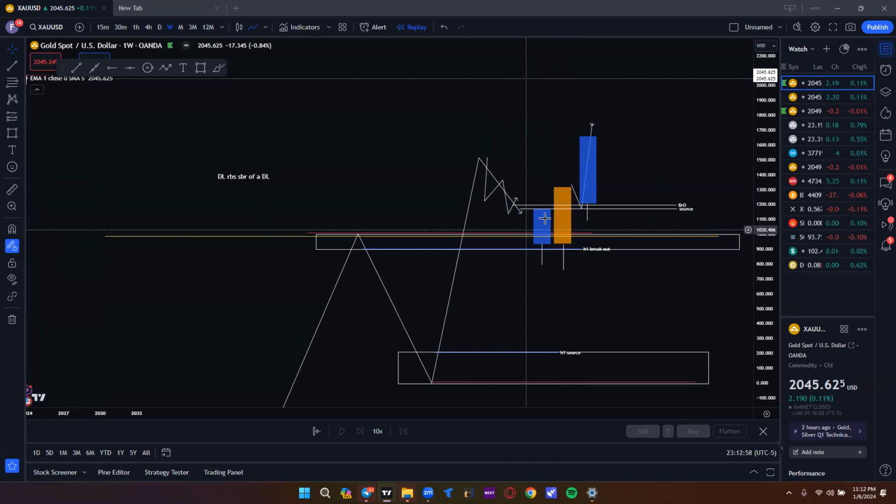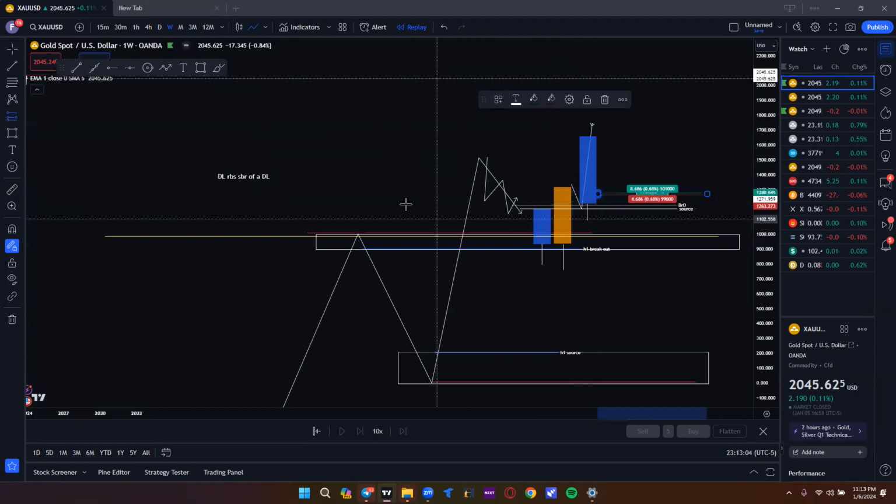Then it closes and it created a breakout. We're just looking for the retest, and then we can enter right here and get 20 pips from there, and 1 to 1.5 or 2R or something. But that's just the basic idea, right?